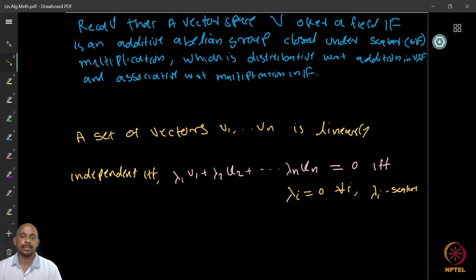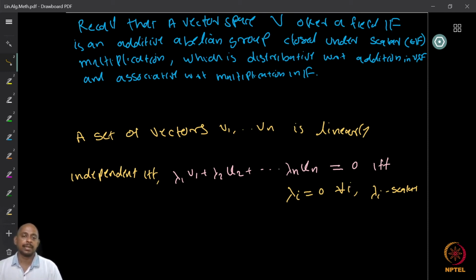The operation is addition, and it's closed under scalar multiplication, with the additional properties of distributive laws: scalar multiplication distributes over addition, and it is associative with respect to the multiplication in the field. If these properties are true, then we have what is called a vector space, and the elements of it are called vectors.